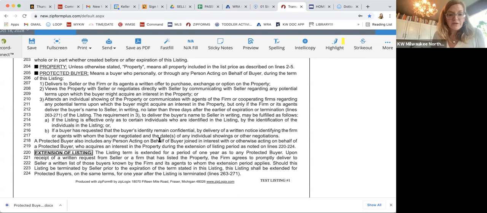And a protected buyer also includes the person acting on behalf of the buyer joined in interest with or otherwise acting on behalf of the protected buyer.